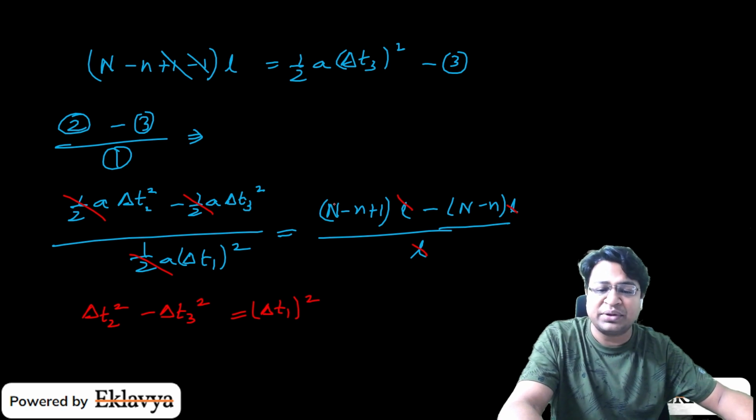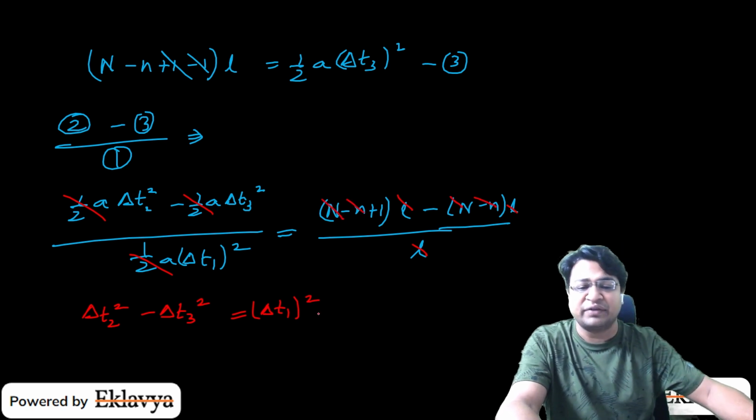And here this N gets cancelled, this small n gets cancelled. We are only left with 1.